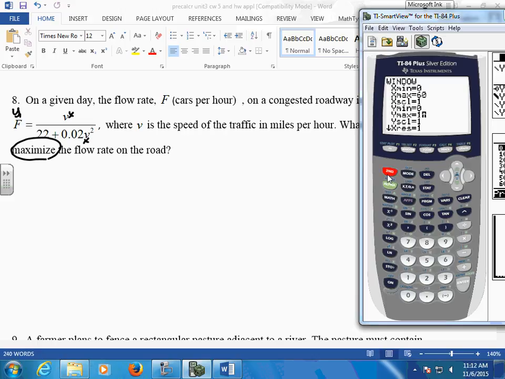Look at my table. I got my table set to 10, so let me set my tables to 0. Watch my table.